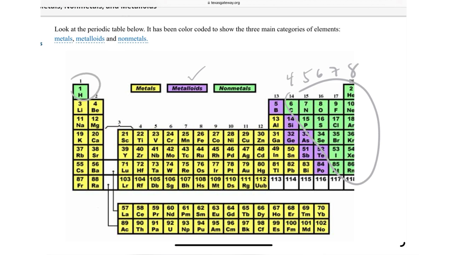And then hydrogen up here acts like a nonmetal. Now it's the nonmetal atoms, when they react with other nonmetal atoms, they share electrons. Therefore, they form covalent bonds. When metals, the yellow ones in here, react with the green ones, a nonmetal, then we have an ionic bond forming.